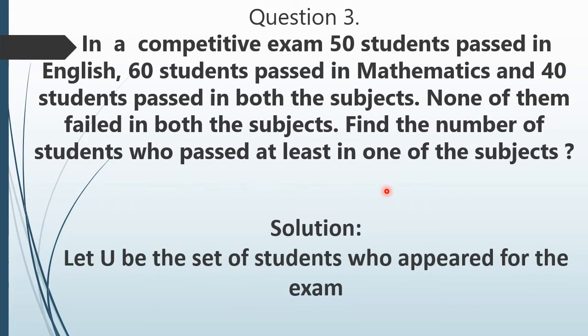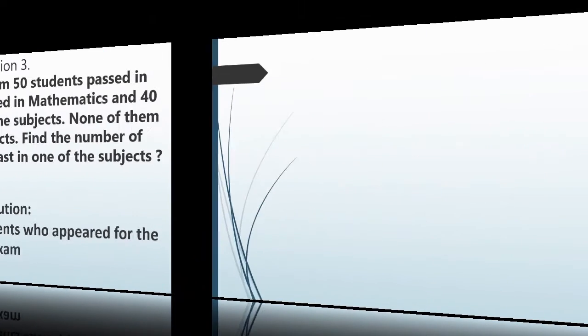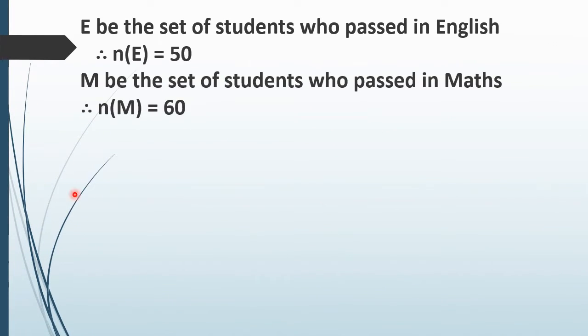Solution. Let U be the set of students who appeared for the exam. E be the set of students who passed in English. Therefore, number of element in set E is equal to 50.